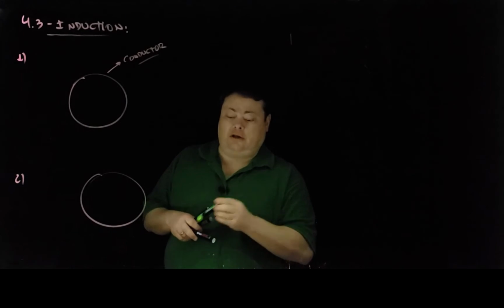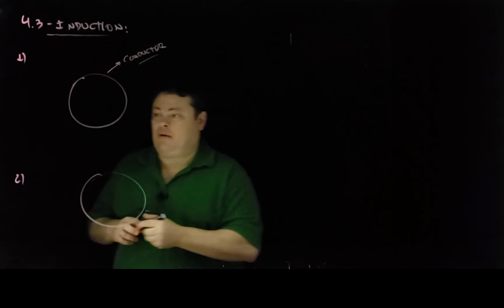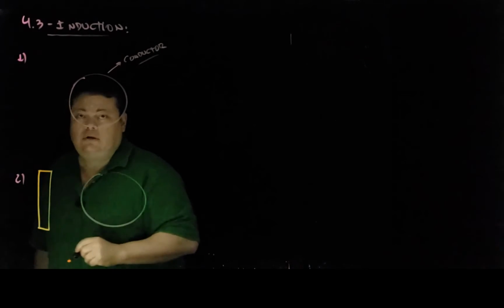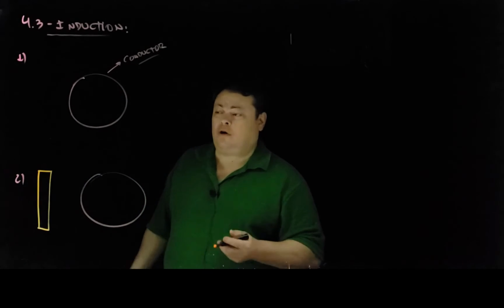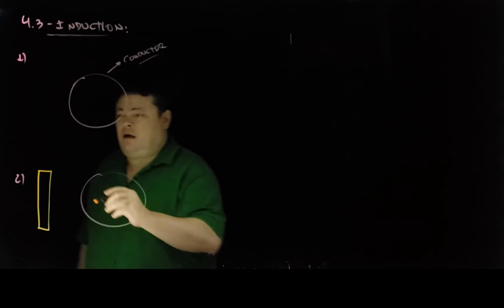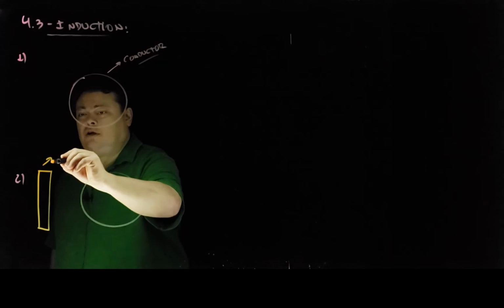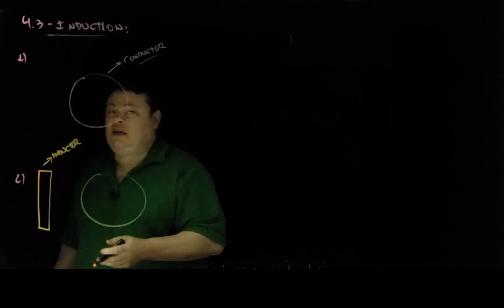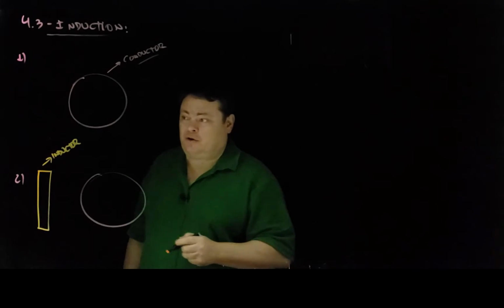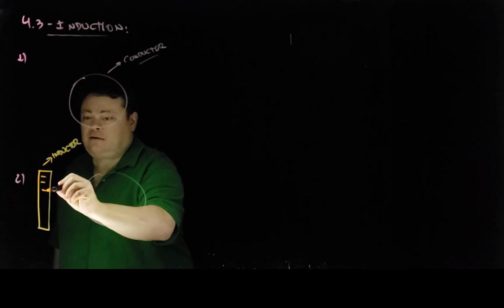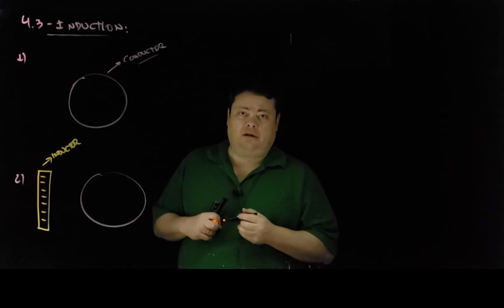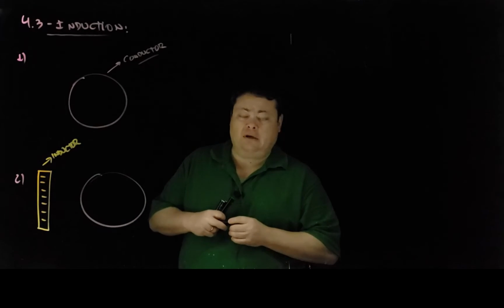Close, but not touch. So I'm going to bring in here my rod or charged object, whatever. And this one here is going to be called the inductor. And it can be a conductor or an insulator. Let's say that this has a negative charge.